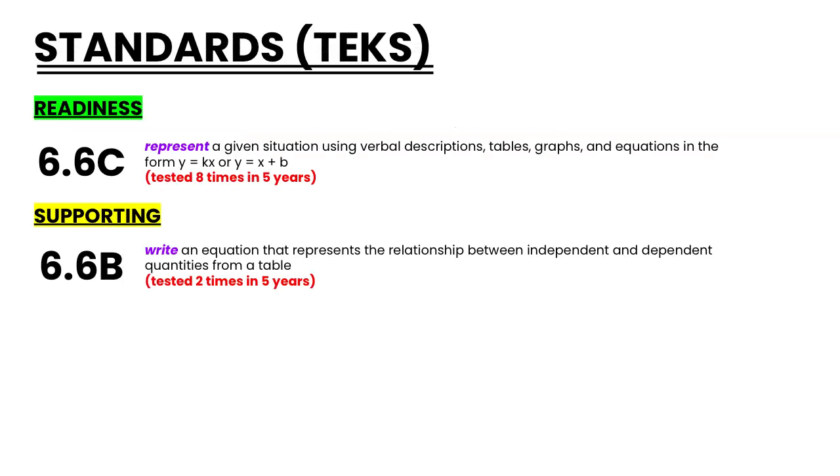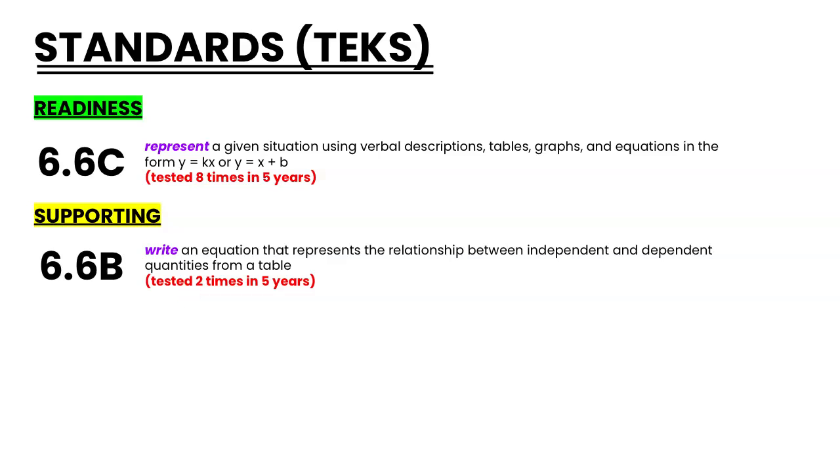As we look at the standards that we'll cover in this video, you'll see that 6.6c is a fairly heavy-hitting readiness standard. It's been tested 8 times in the last 5 years. And the supporting standard, 6.6b, which has students writing an equation that represents the relationship between independent and dependent quantities from a table, has been tested 2 times in the last 5 years.